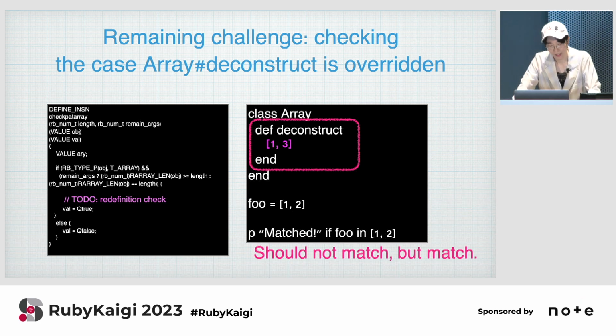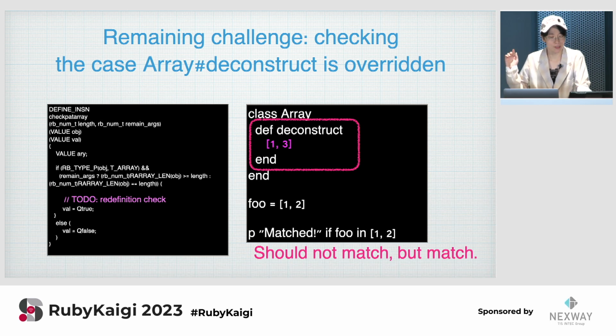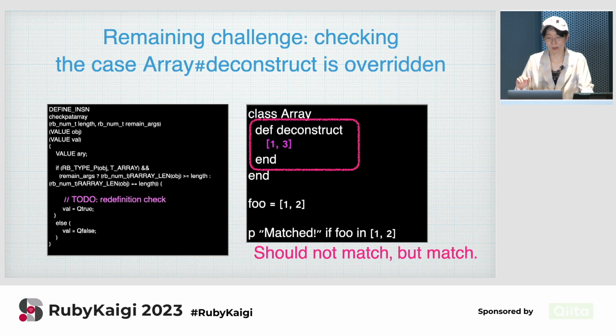So if you override deconstruct and always return the array containing 1 and 3, the instance of Array Foo whose value is 1 and 2 should not match the array pattern 1 and 2, because the deconstruct result is 1 and 3.